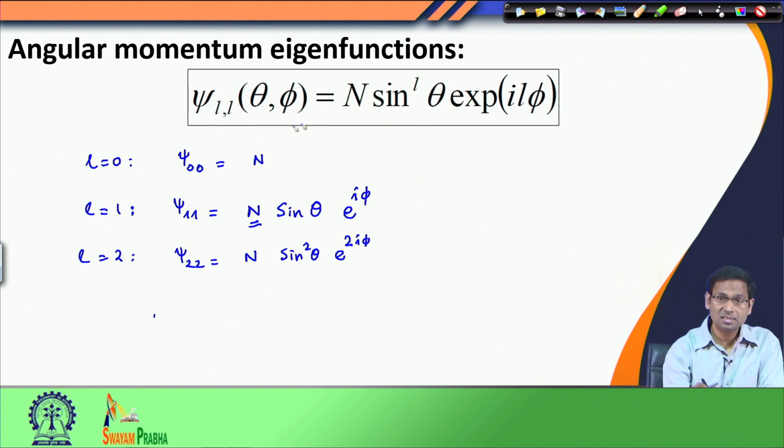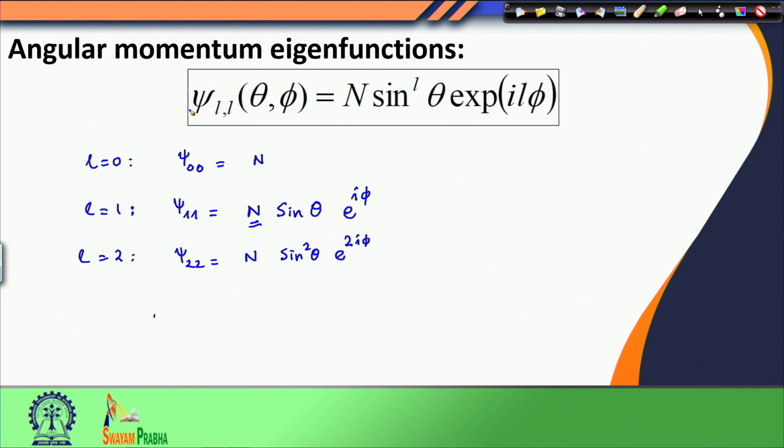This is the functional form of one of the 2L plus 1 eigenfunctions corresponding to angular momentum L. So, what about the rest of the angular momentum eigenfunctions? These are some of the unanswered questions in this class, and we will take them up in our next class. Thank you for your attention.